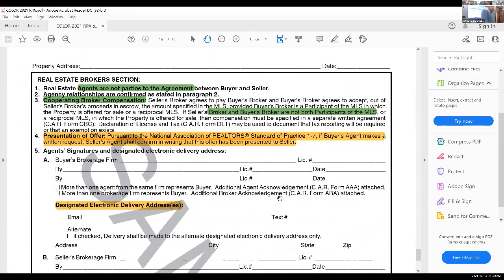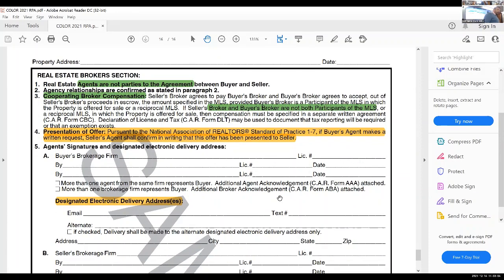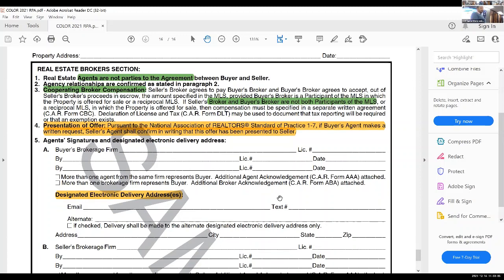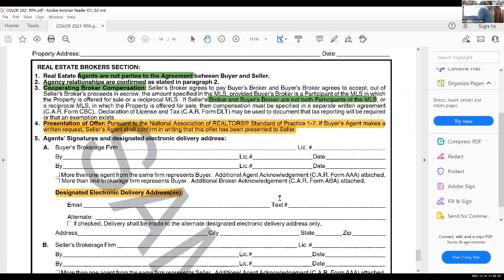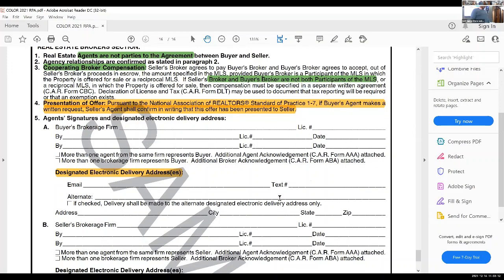And then the real estate broker section, guys, again, number one on the real estate broker section, it says the real estate agents are not parties to the agreement between the buyer and the seller. So again, guys, this is between a buyer and seller. We are not a party to this agreement. If you're giving any credits back, don't make yourself a party of this agreement.